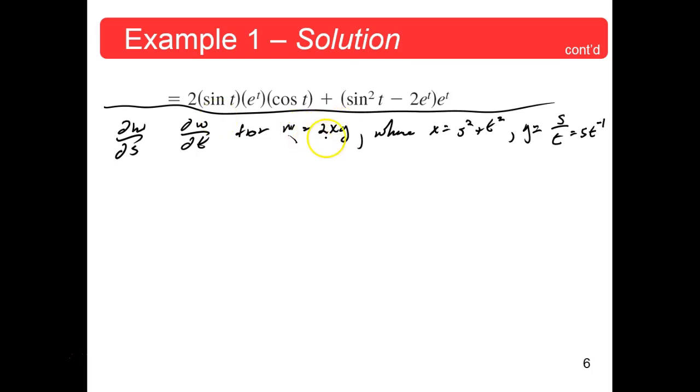Well, here it's only expressed as a function of x and y, but here x is expressed as a function of s and t, and y is expressed as a function of s and t. So w equals 2 times s squared plus t squared, that's your x, times your y, which is s over t.